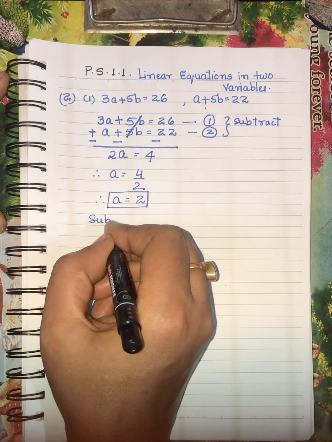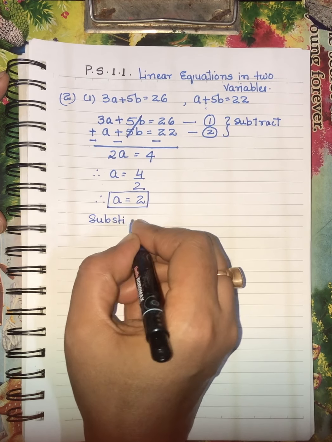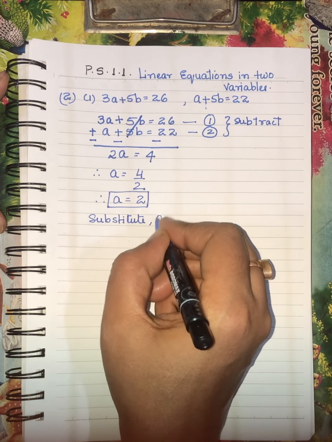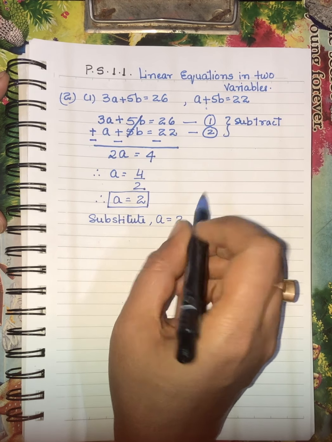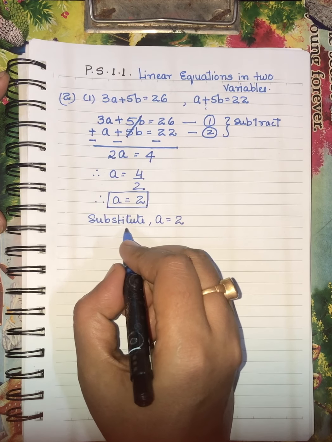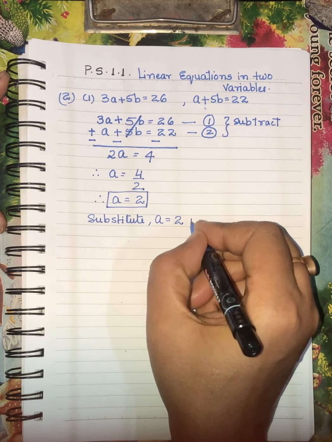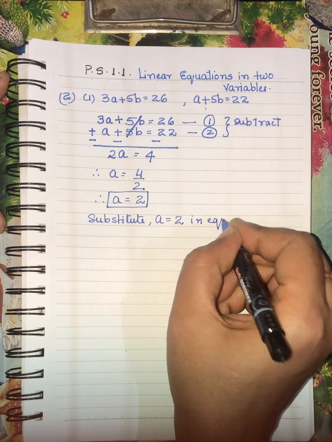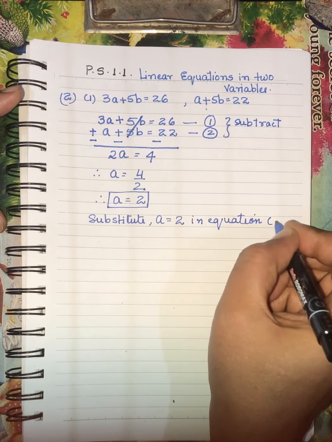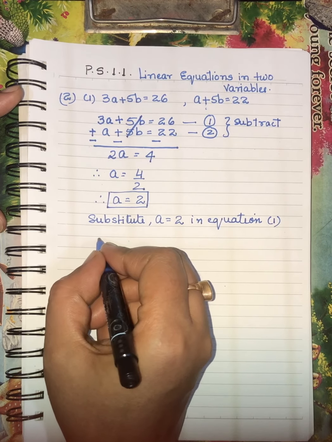Now this value of a is equal to 2 can be substituted in any one of the equations, either in equation 1 or equation 2. So substitute a is equal to 2 in equation 1. I am substituting in 1. You can even try it in 2.